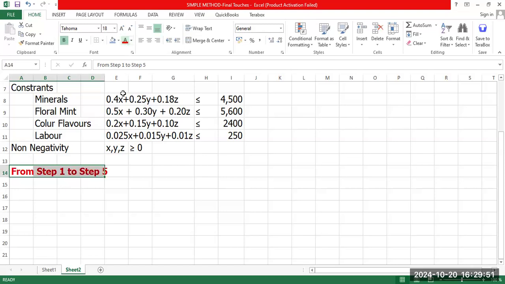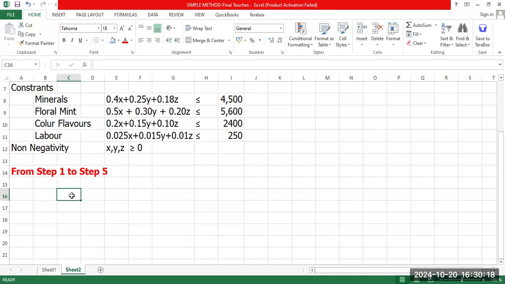Okay? Step 1, remember, is to introduce slack variables. Once you introduce slack variables, step 2 is to form the initial simplex tableau. Step 3 is to identify the pivot column and pivot row. Step 4 is to state your operations, the formulas.